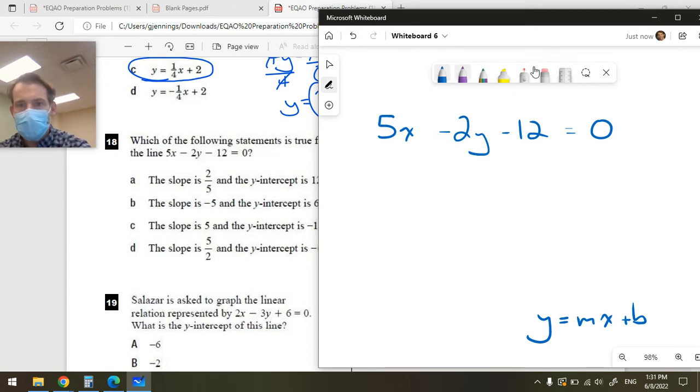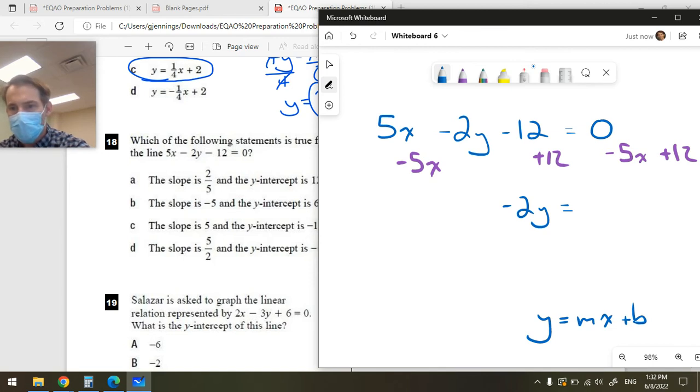So let's use our inverse operations to subtract 5x from both sides and add 12 to both sides. All right, and then this is what we'll get. Negative 2y, because the rest got subtracted or added away to 0, is equal to negative 5x plus 12.